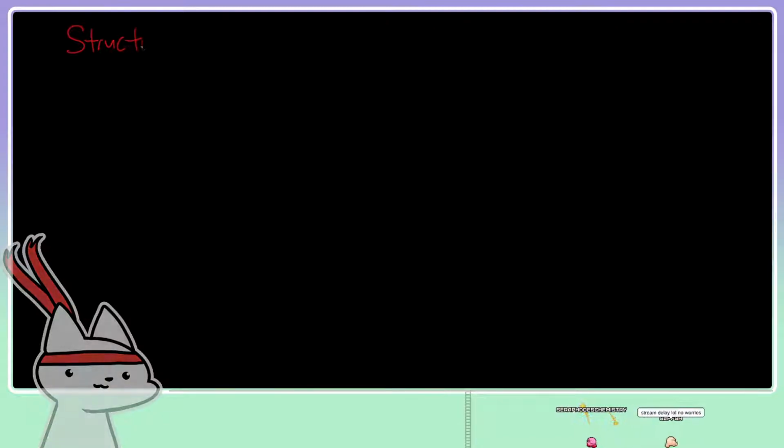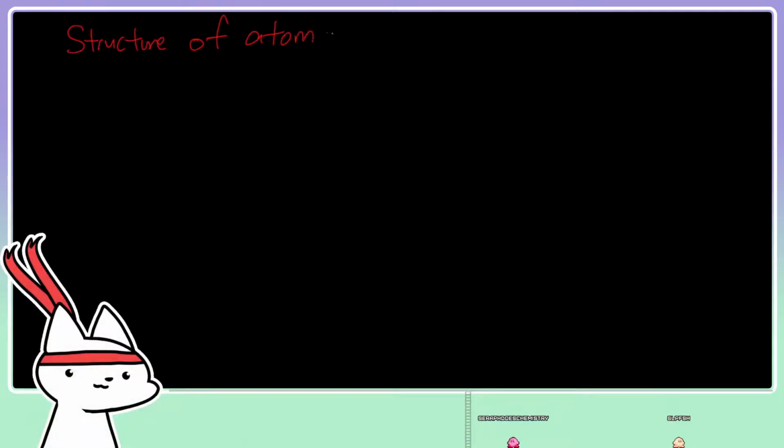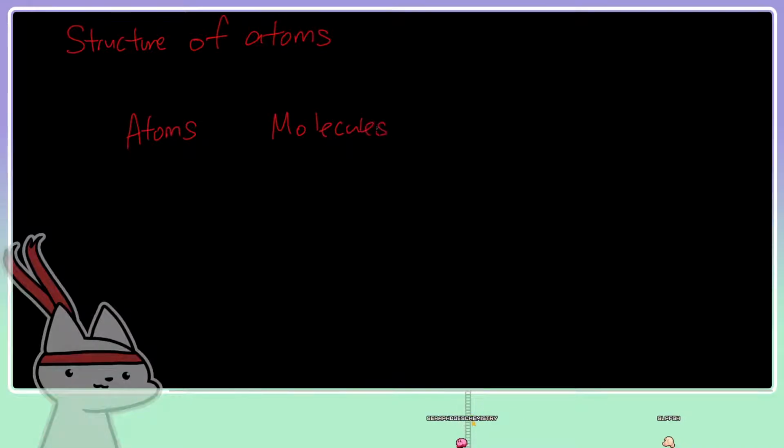As long as you type something in the chat, it should appear. Meanwhile, the quiz that we'll be covering today will mainly be on the structure of atoms. Primarily, students have to know the differences between atoms, molecules, and ions.